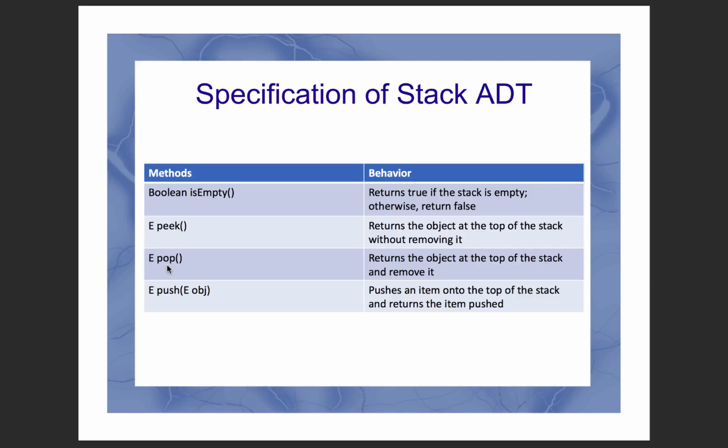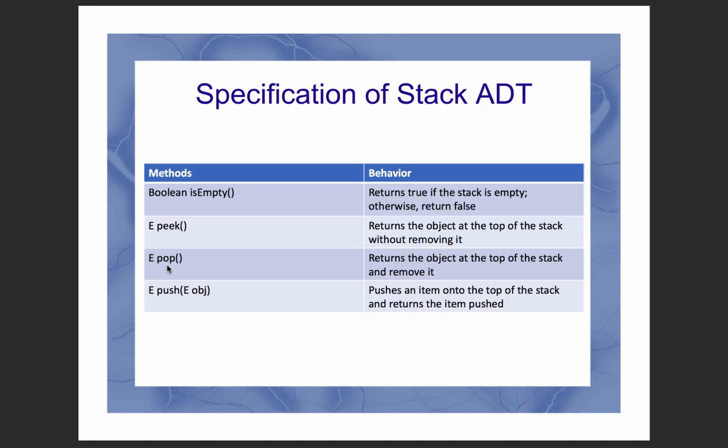You can see that the peek method basically returns e-type data. E-type, as we have seen several times, can be any type. If you keep integer information in the stack, then it will return integers. If you keep float information in the stack, then it will return float information.